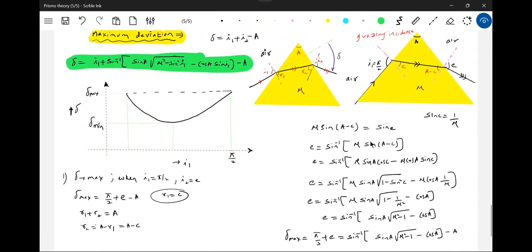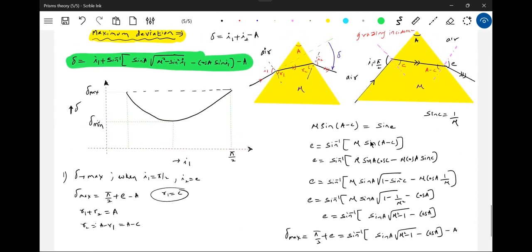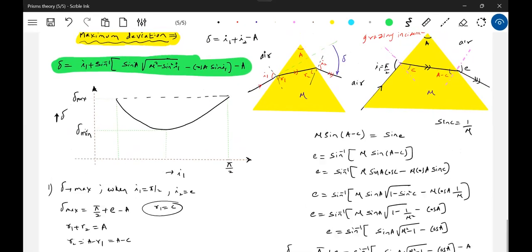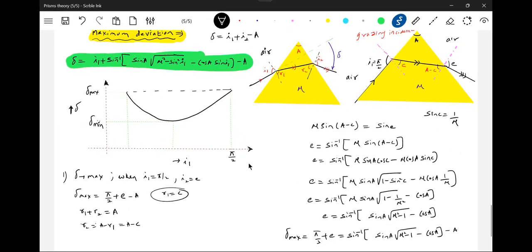So when the deviation will be maximum, means when the angle of incidence is equal to 90 degrees, what we are giving here. Okay, fine. So there's one thing.